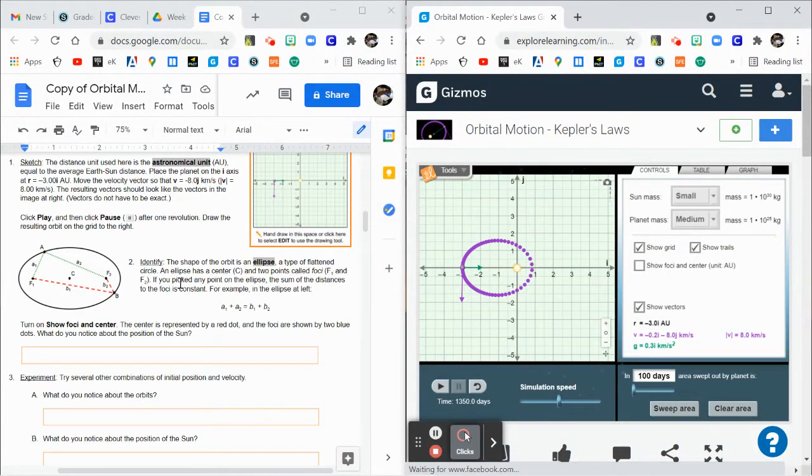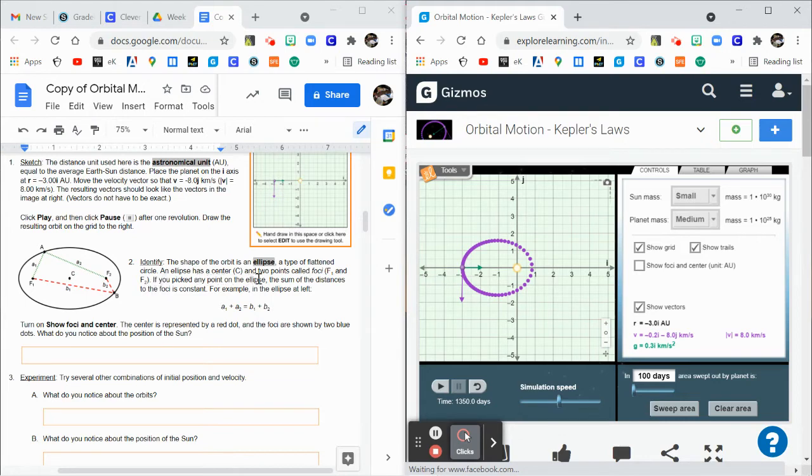An ellipse has a center and two points called the foci, f sub 1 and f sub 2. That is what we're going to call them.